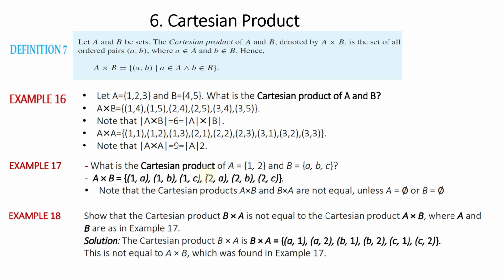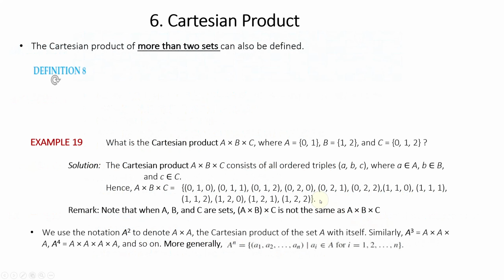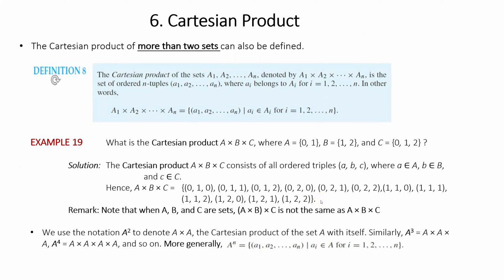So we've seen also that if the order when we do the Cartesian product is different, these are not going to be equal. So what if we have the Cartesian product of more than two sets? Like, for example, the general case, a Cartesian product of sets from A1 to AN, no matter how many there are.